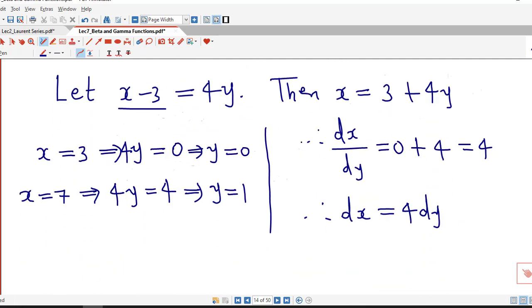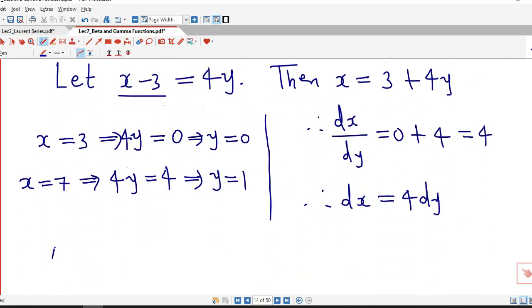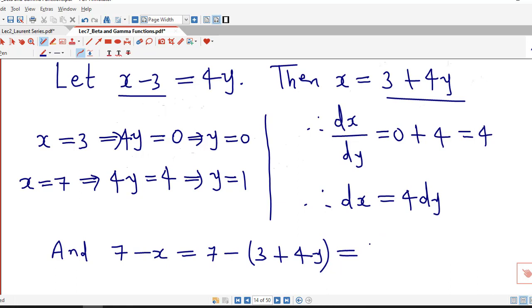And we simplify 7 − x also. 7 − x is 7 − (3 + 4y). So you can see we obtained 7 − 3, that is 4, minus 4y.